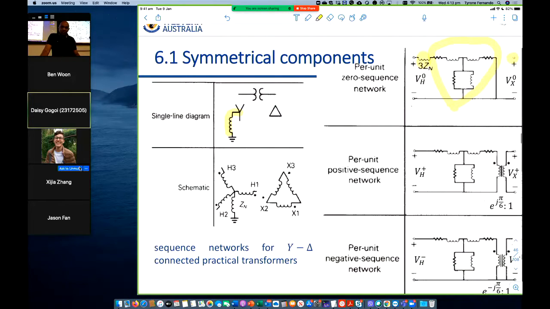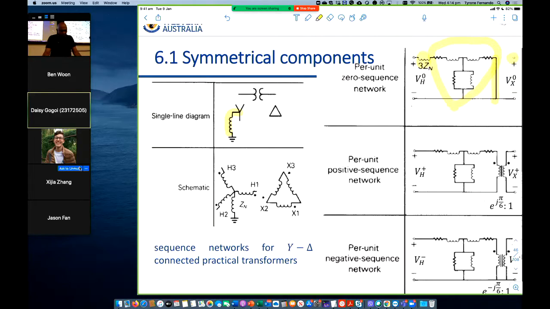It's not connected to the equivalent circuit of the transformer because the zero sequence current can't flow out or flow in. So that's what that represents. This terminal here, the equivalent circuit, is grounded, so any currents have to be inside that. Only the zero sequence current can flow into the primary terminal.